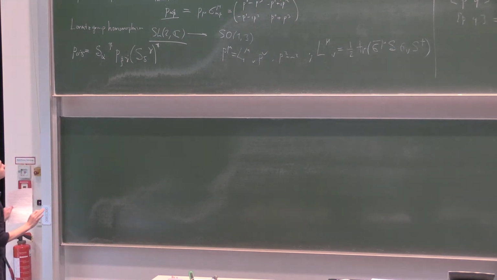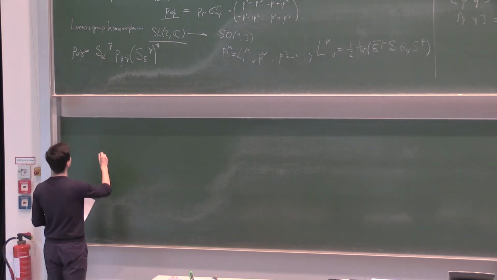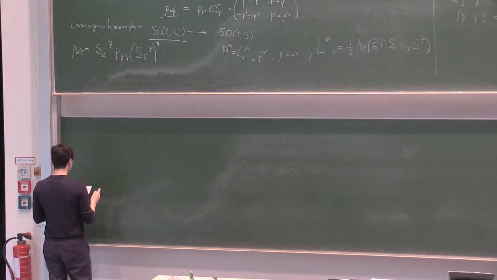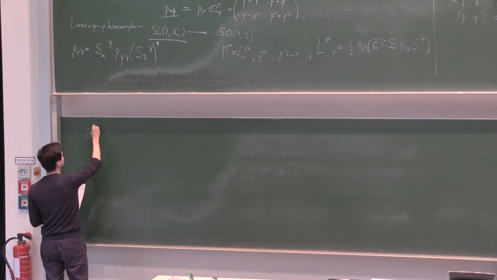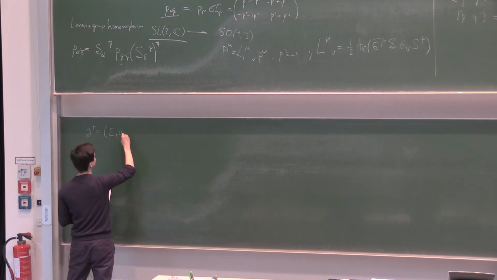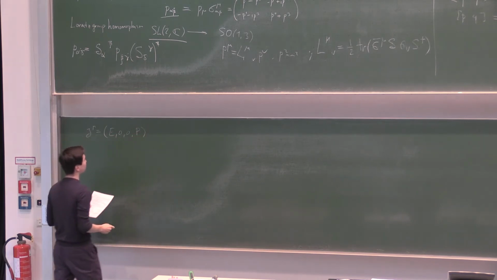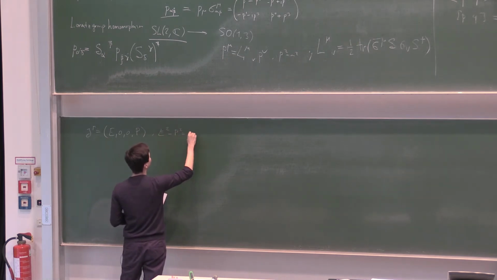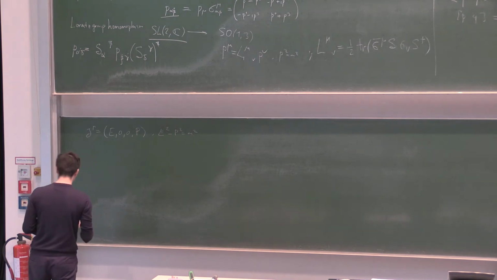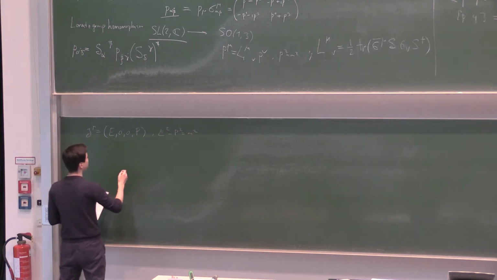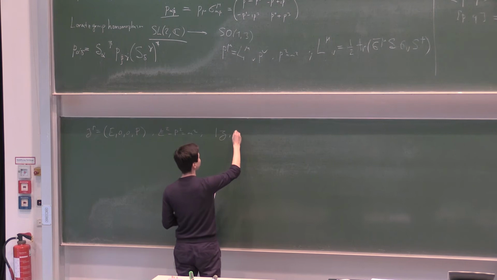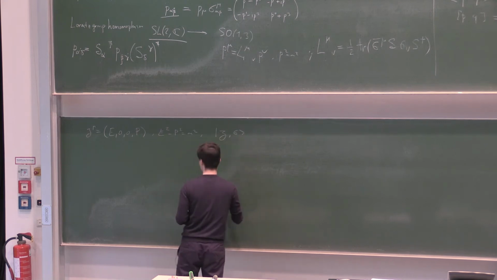Those will be QFT states. So imagine that we have some momentum. We just fix it to be along the z direction, to be on shell, of course. And for this momentum, imagine that we have some state, and it has some other quantum indices.